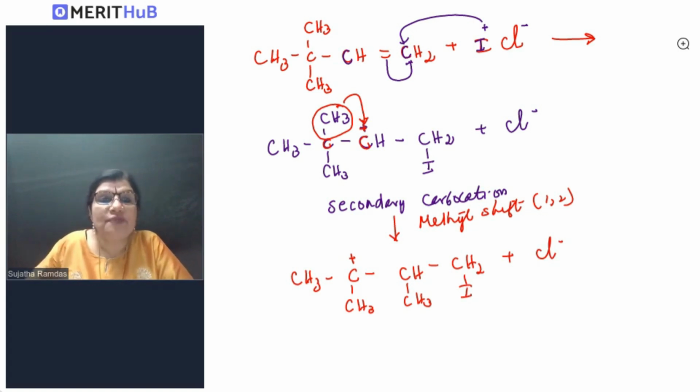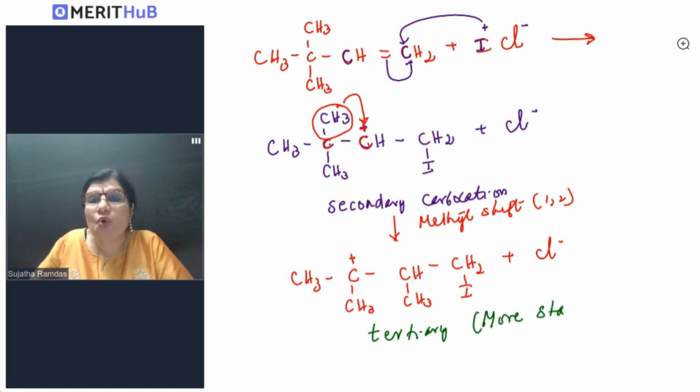So what type of a carbocation have you got now? You have got a tertiary carbocation. And you know that a tertiary carbocation is more stable than a secondary carbocation. Correct?